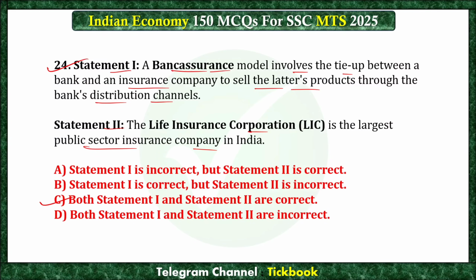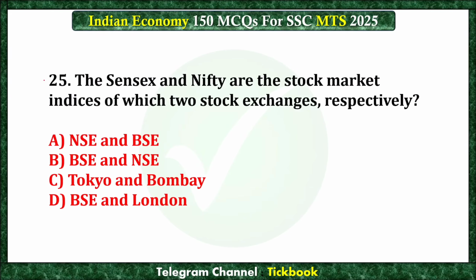Option C, both statement 1 and 2 are correct. Question 25: The Sensex and Nifty are the stock market indices of which two stock exchanges respectively? Option B, BSE and NSE.